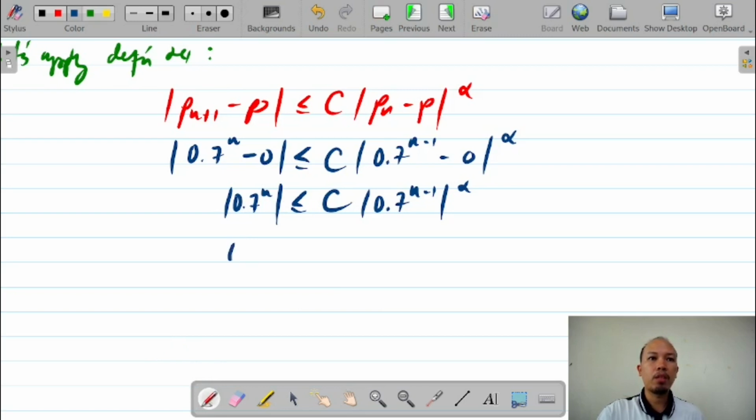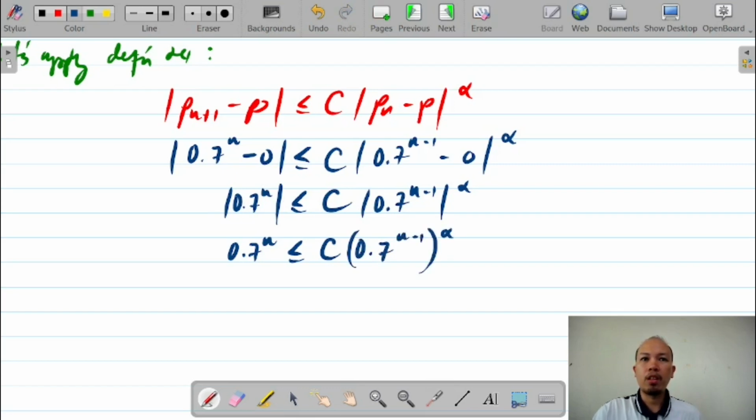So this will become 0.7 to the n less than or equal to c times 0.7 to the n minus 1 raised to the power of alpha.